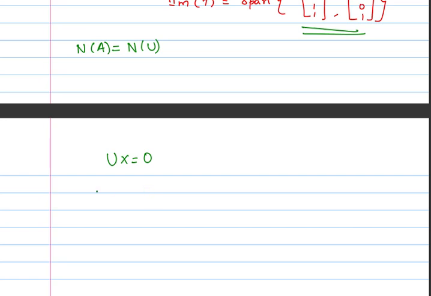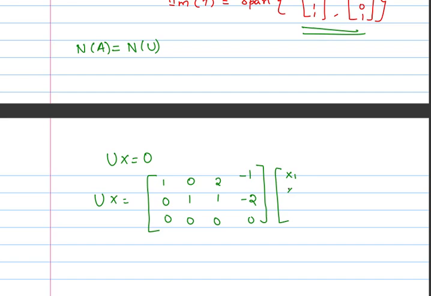Here U is, so I will write U times x equal to 0, 0, 0, where U has rows 1, 0, 2, minus 1 and 0, 1, 1, minus 2, and a zero row. This is our U, correct? Times x1, x2, x3, x4.